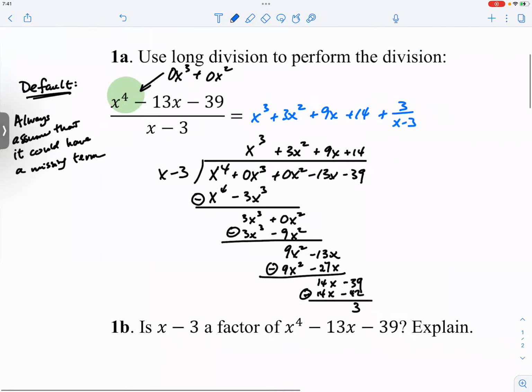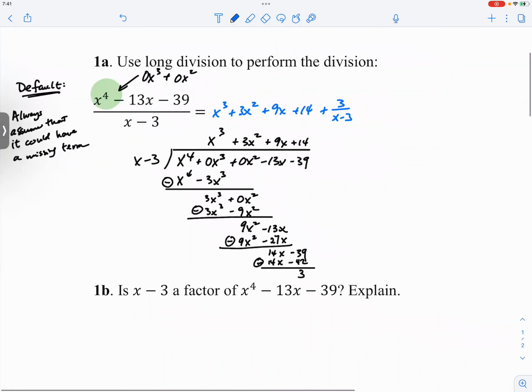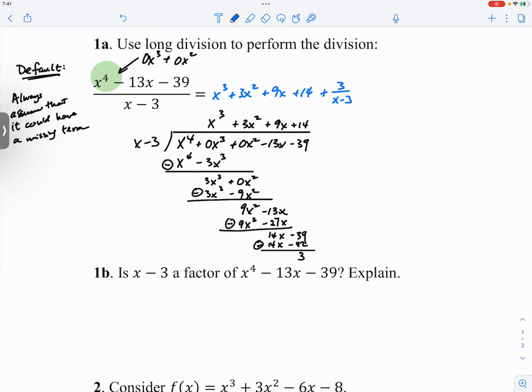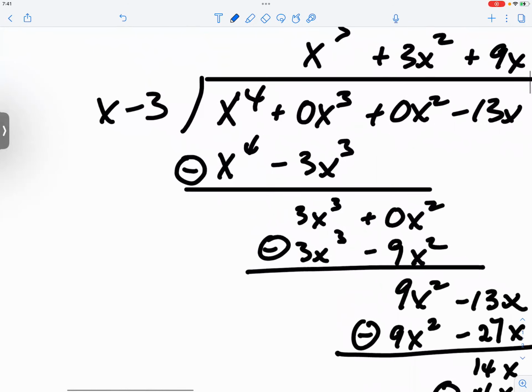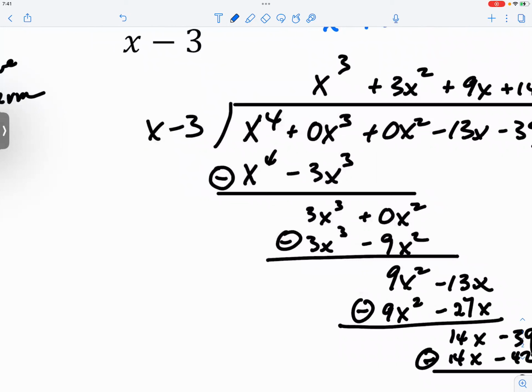Okay, so that's using long division to perform the division here. It will be a positive because it's a subtraction of a negative number.